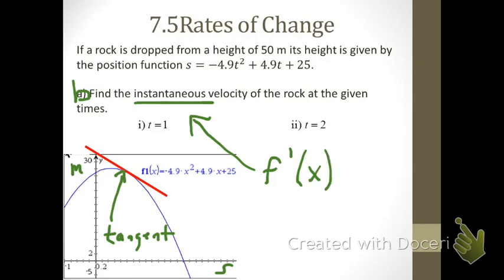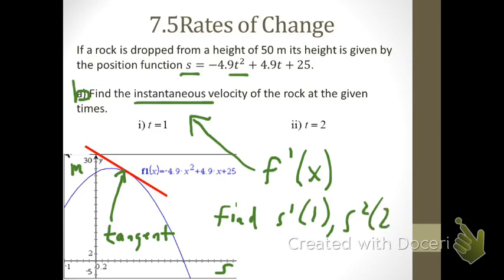In this case, where we're working with s's and t's, to find the instantaneous velocity of the rock at the times t equals 1 and t equals 2, we're going to find s prime of 1, and then s prime of 2. Fairly straightforward. All right, let's go ahead and do that.